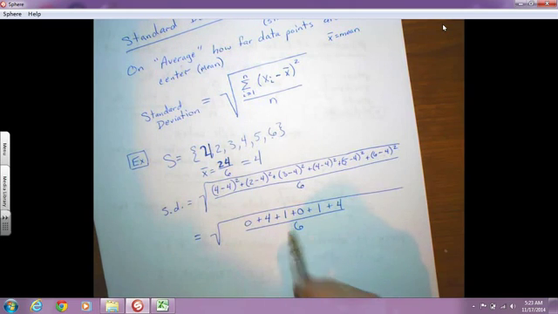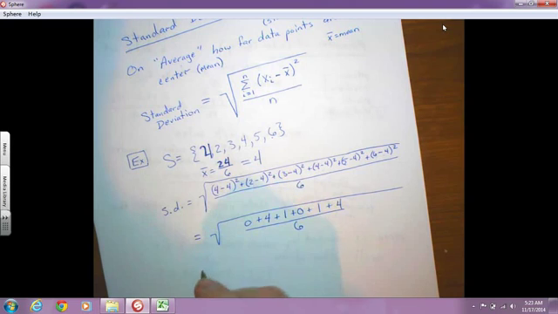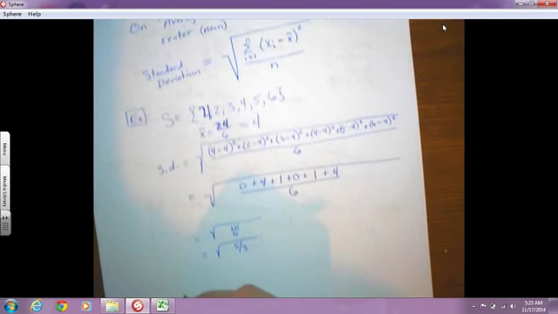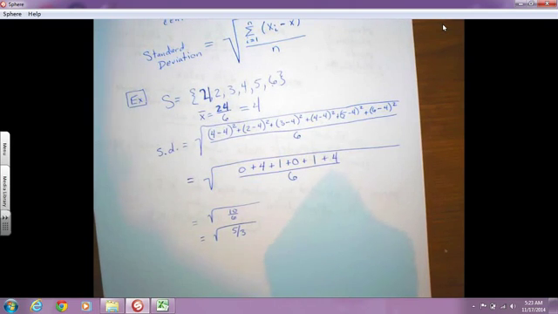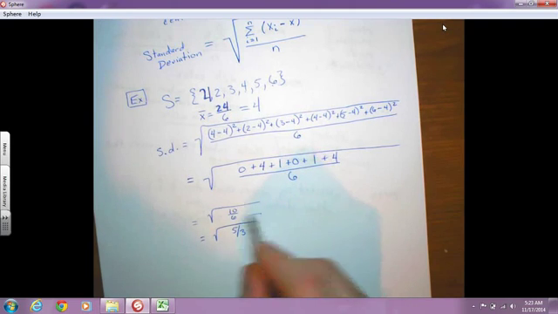And so we have here 4, 5, 6, 10 over 6. Or we could reduce that to the square root of 5/3. And I guess we could punch that into a calculator if we had to have a decimal number, but I'm just going to leave it at that.